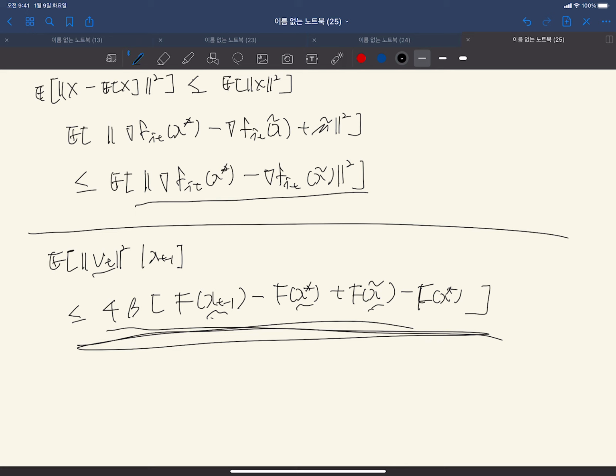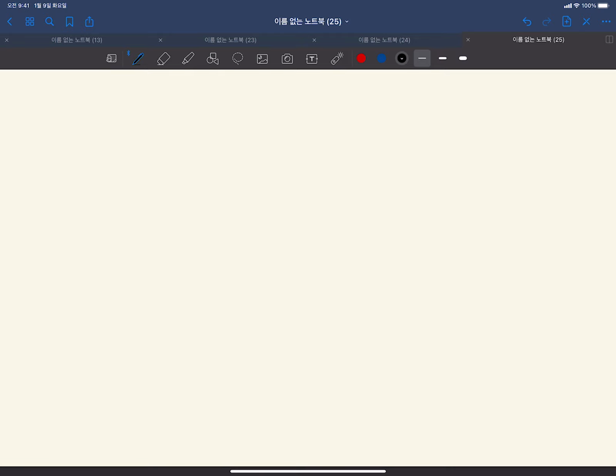Okay, so now the only remaining thing is we need to show that both xt minus 1 and x tilde become closer to x star as we iterate more SGD updates. Okay.